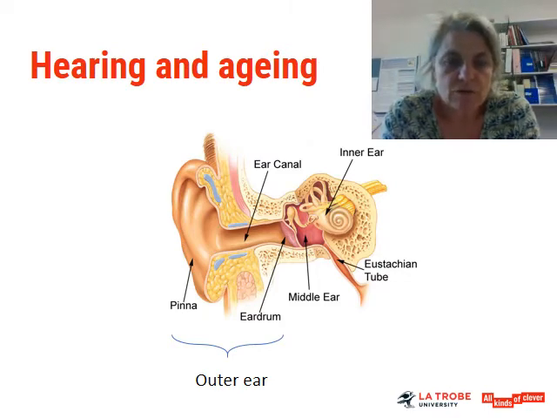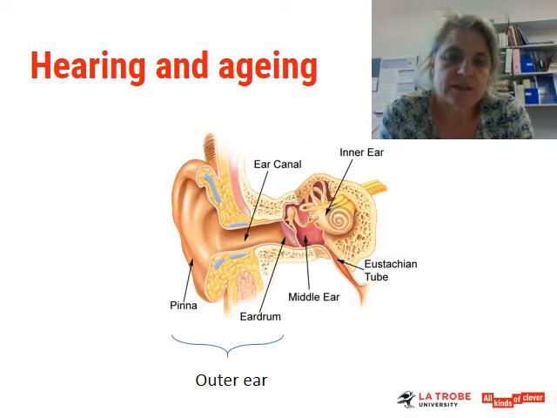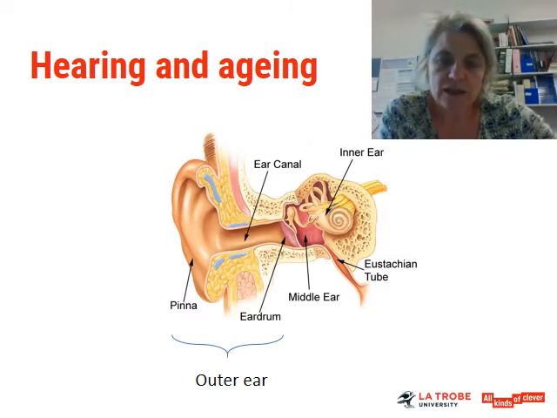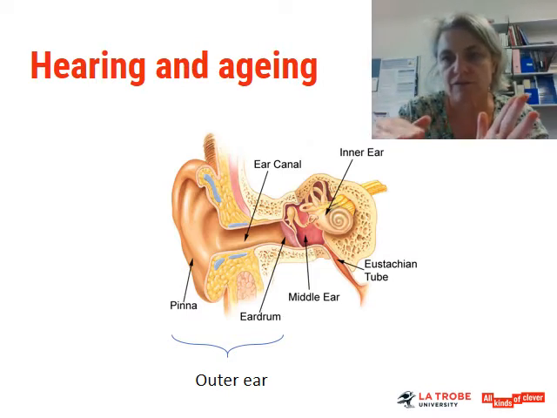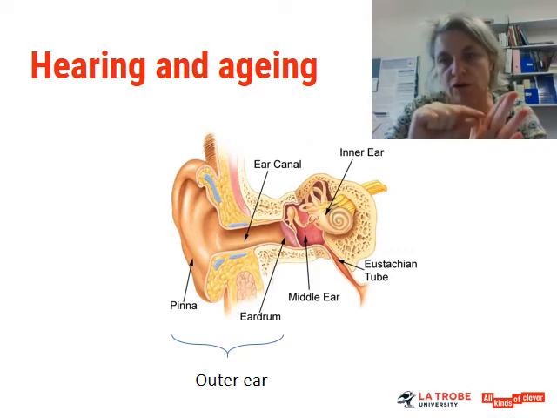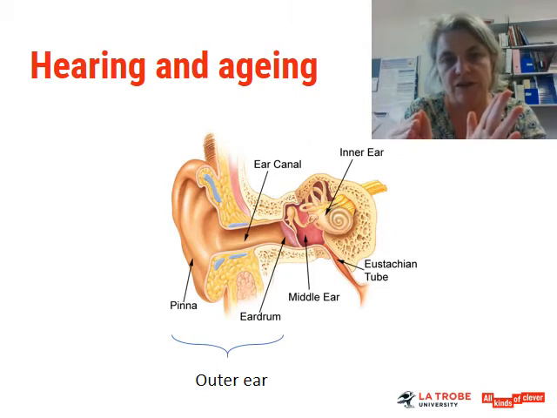So you might recall from your previous lecture that to hear, the sound wave goes into the outer ear, it vibrates the eardrum, that sets off a series of vibrations through those small ossicles, those small ear bones in the middle ear, and that sets off vibrations in the cochlea in the inner ear.